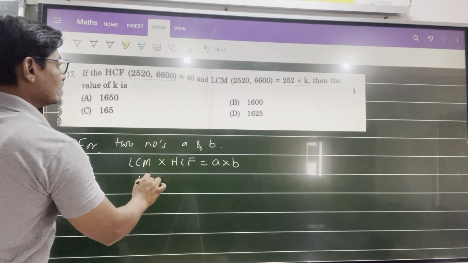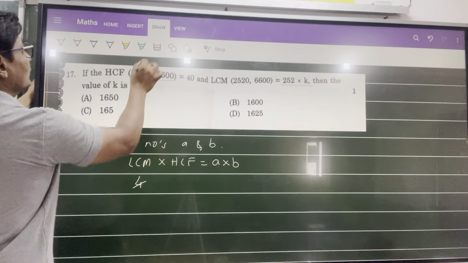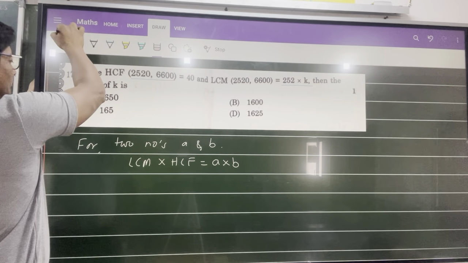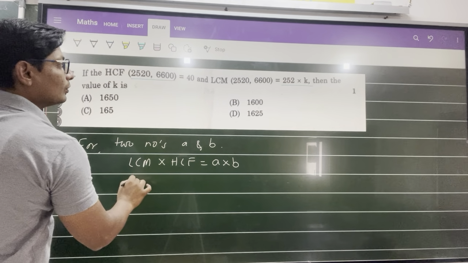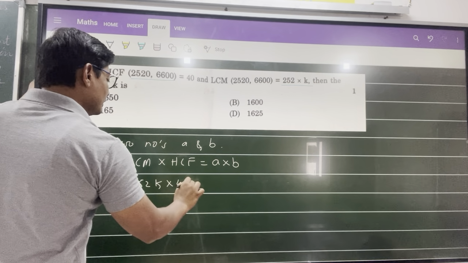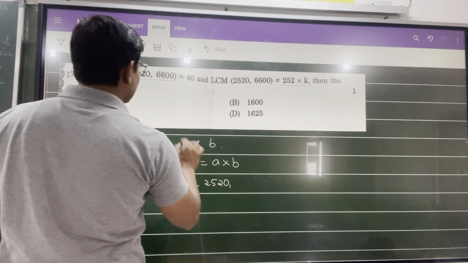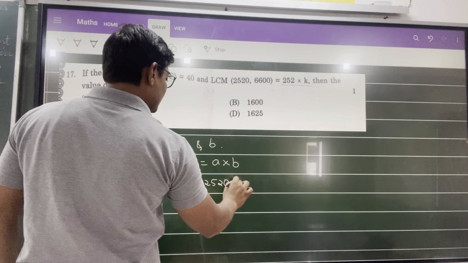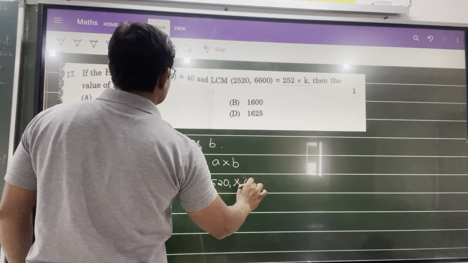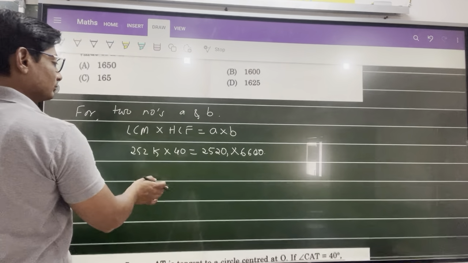LCM is 252 into K, HCF is 40. So 252 K into 40 equal to A is 2520, these are the two numbers, into 6600.